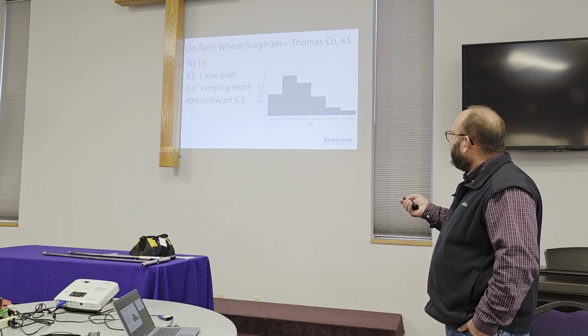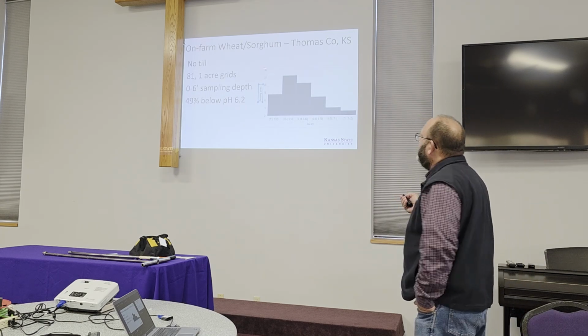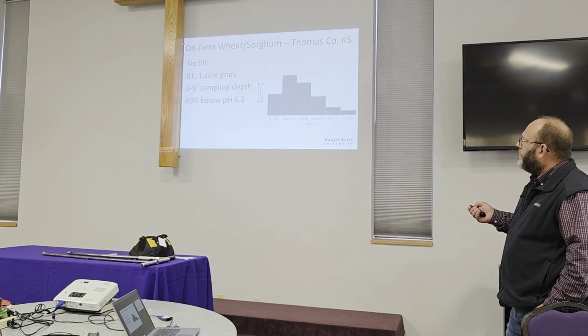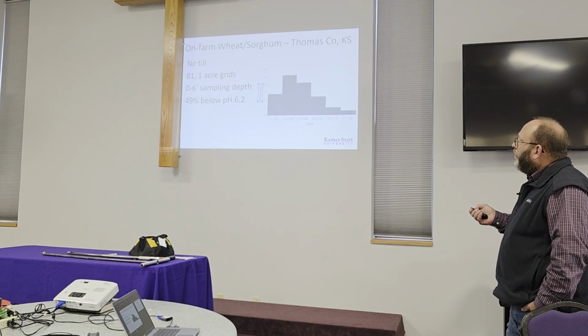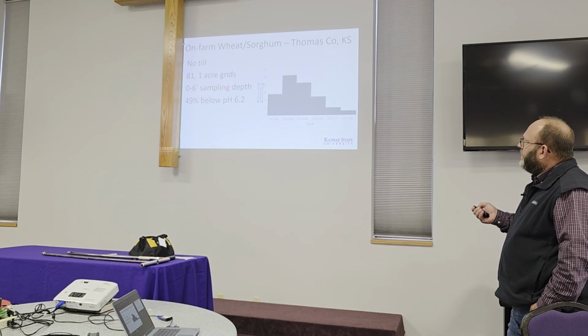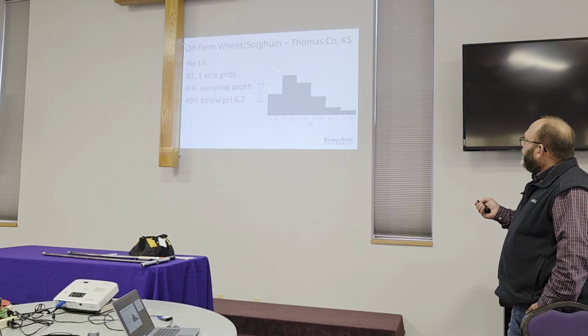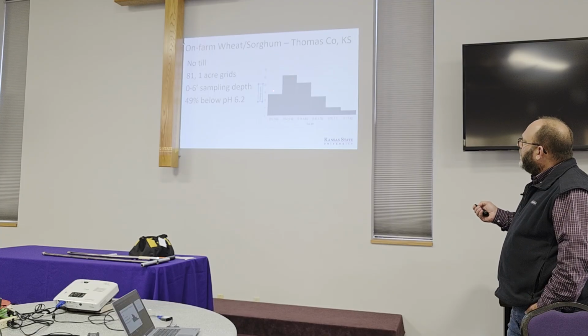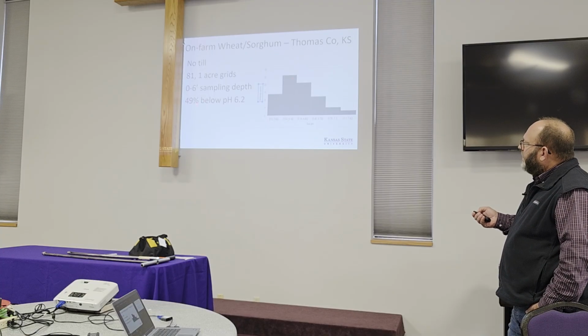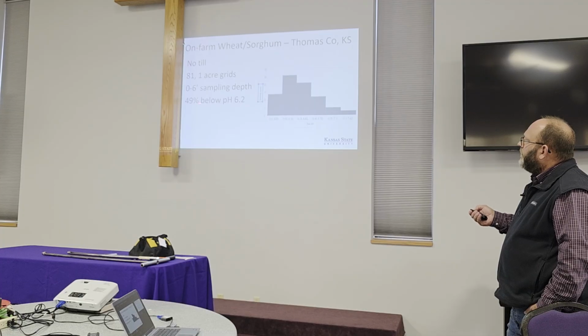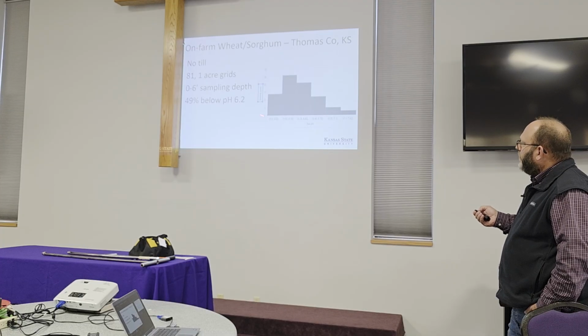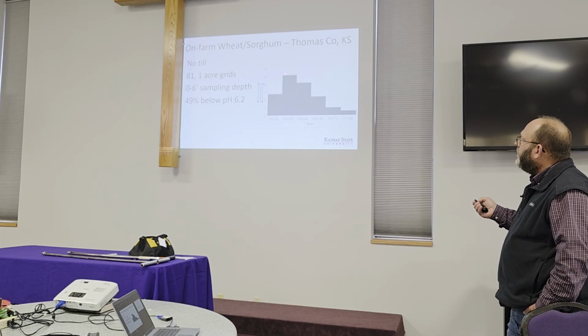And been looking at this data as we're getting final reports pulled together on this project. We only sampled at a 0 to 6 inch depth, but at the site in 2021 here, 49% of the samples had a pH below 6.2. So I thought that was interesting.